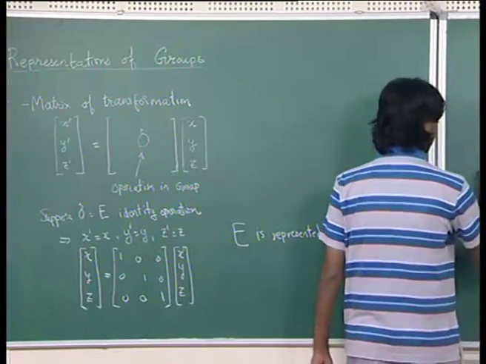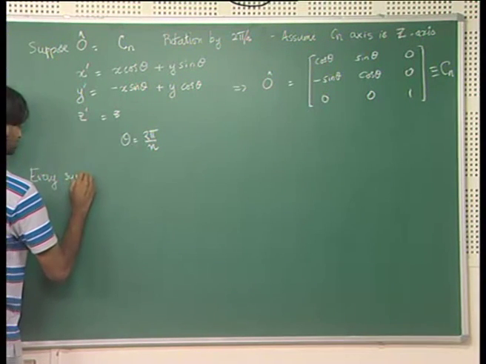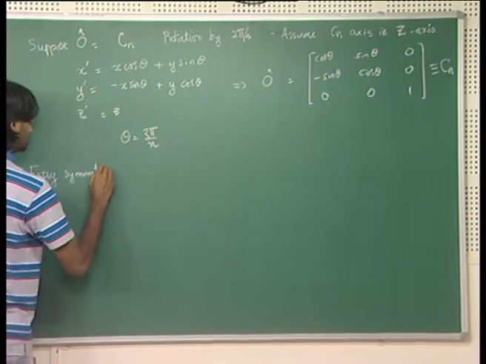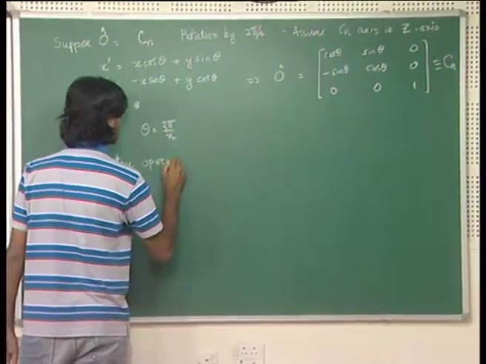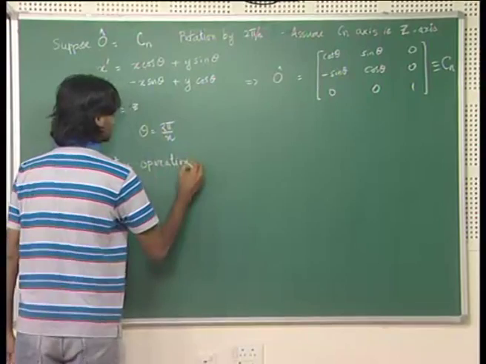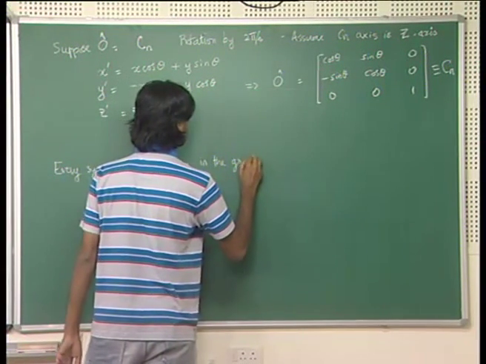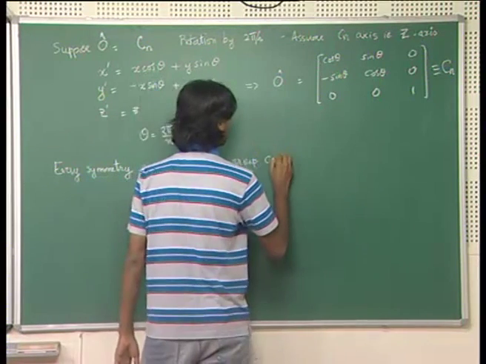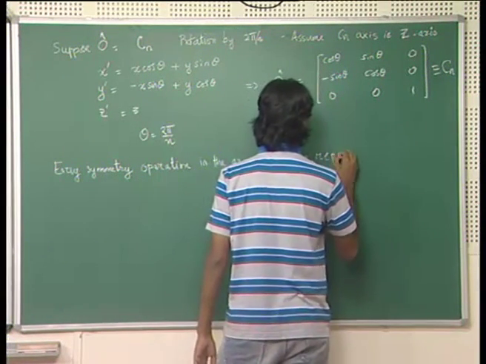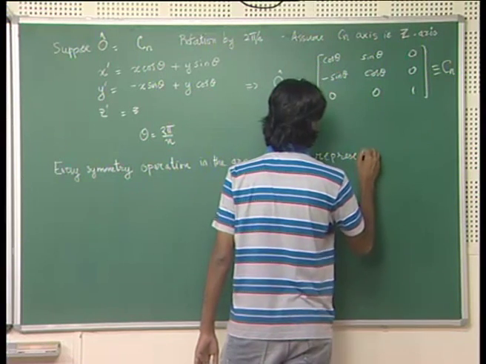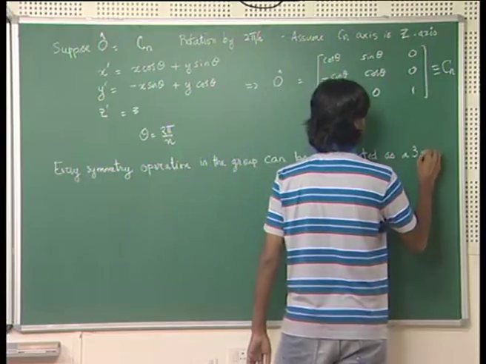So, every symmetry operation in the group can be represented as a 3 by 3 matrix.